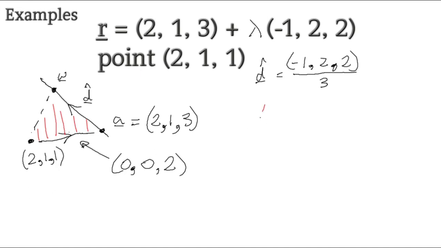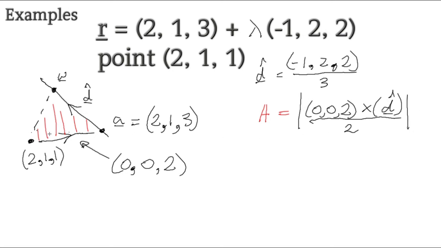This area A is equal to (0, 0, 2) cross d hat, divided by 2, and this is just the definition of a cross product area.